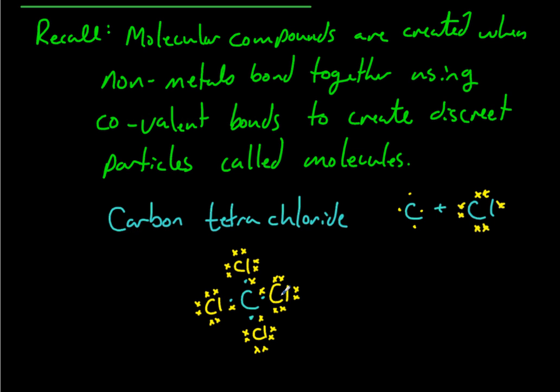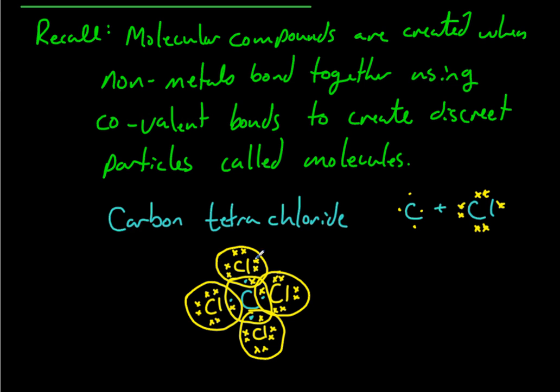But I think you can see now, if I start to circle the atoms, you'll notice that that shared electron from carbon fills out the shell for chlorine, and then each of the shared electrons that chlorine has shared fills out the electrons for carbon.